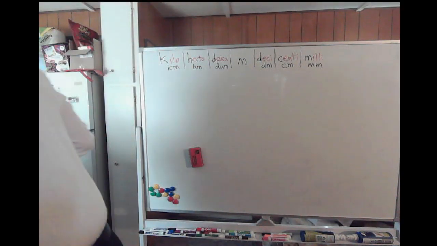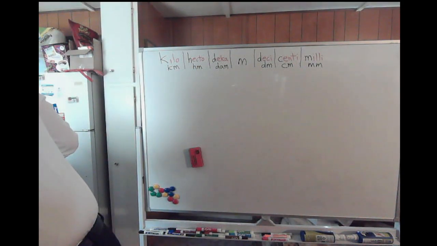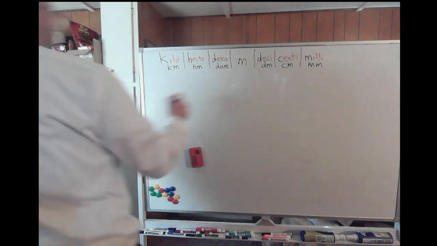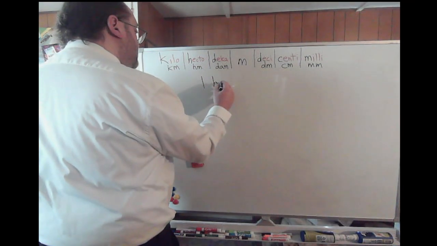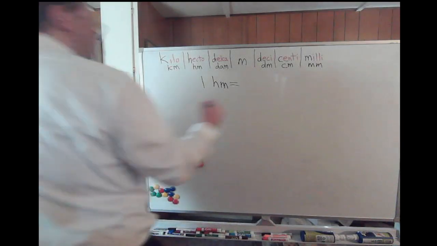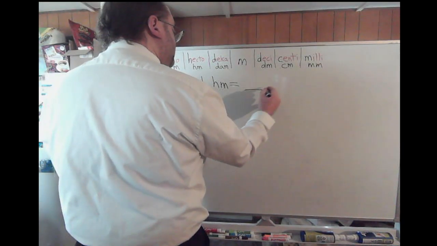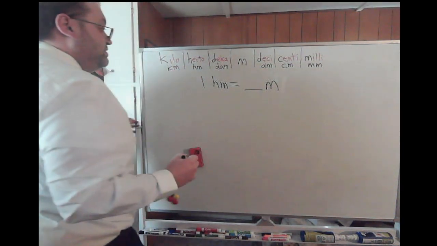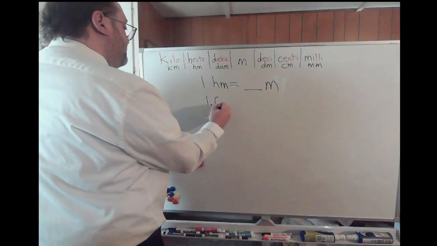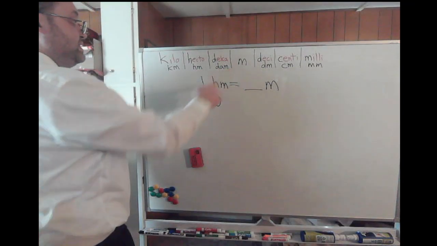All right, how about 1 hectometer? They would like to know how many meters that is. So you have 1.0 hectometers. You've got to go to the right to get your meters.